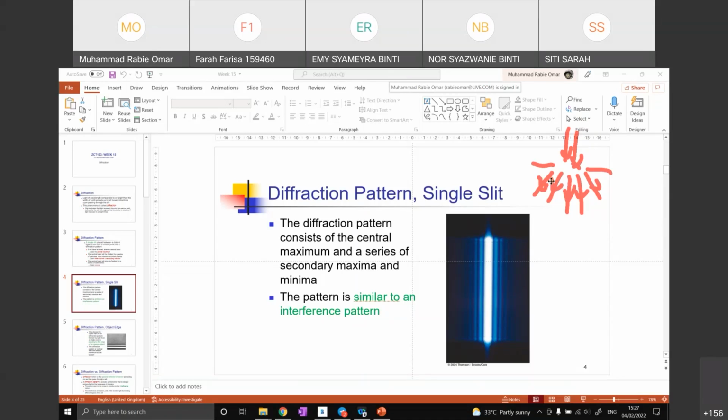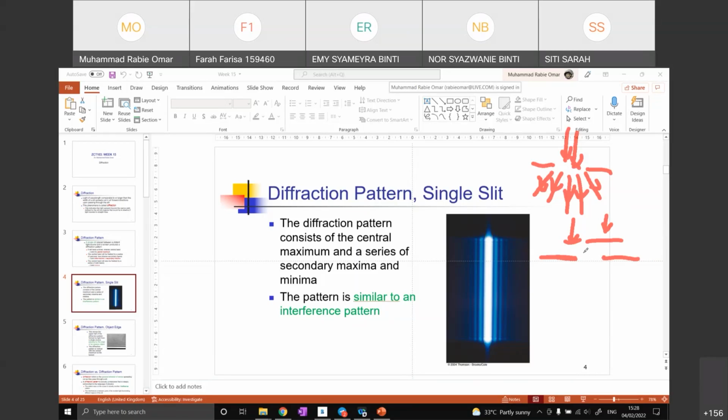This particular phenomenon can be seen on sea waves, yeah? When you go near the beach, maybe at some point you came across two barriers. This is the first barrier, and then you have another barrier. So normally the sea waves, for example, are traveling from here to here, traveling downwards.